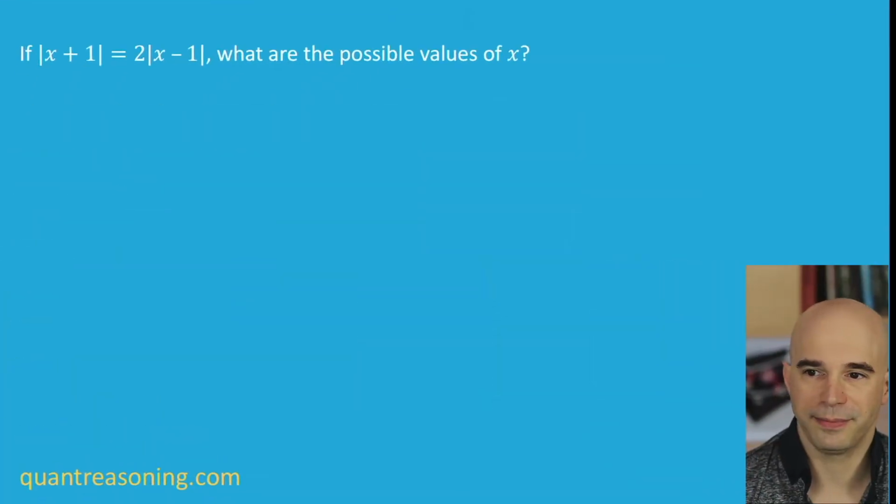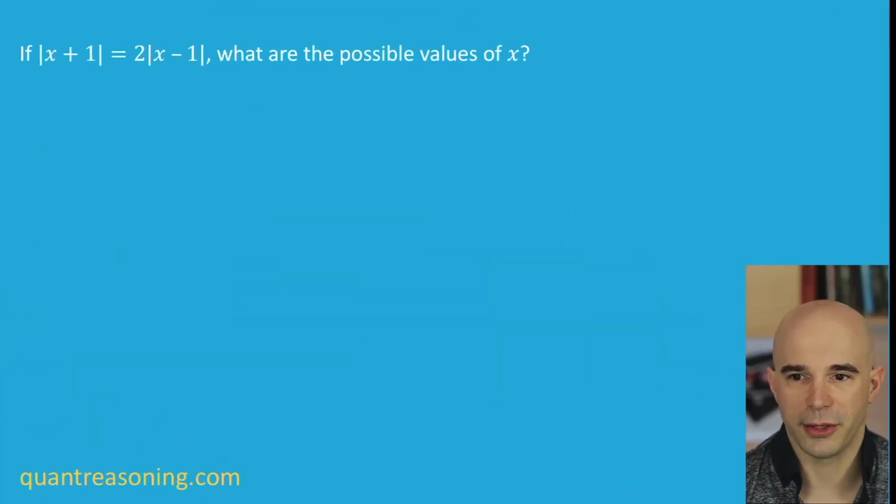But what's good about the approach that we're going to look at here together is it's really going to improve our number line reasoning, and that will impact our ability on other questions, harder questions, etc. So that's the purpose of what we're about to do now. It's not about how do I get to the answer as quickly as possible. It's about what can I learn from this question and how can I use this question to improve my quantitative reasoning. So with those two disclaimers in place, let's look at the question.